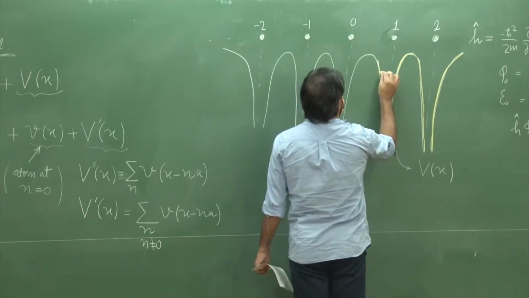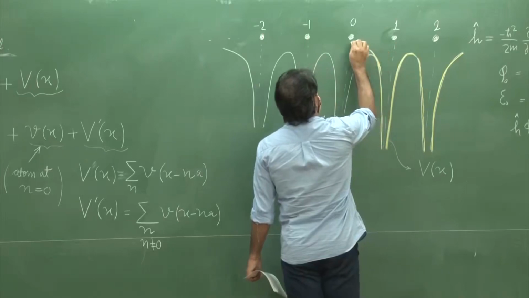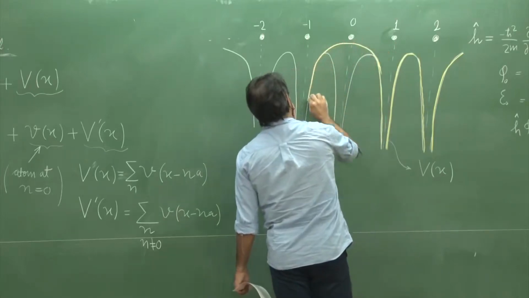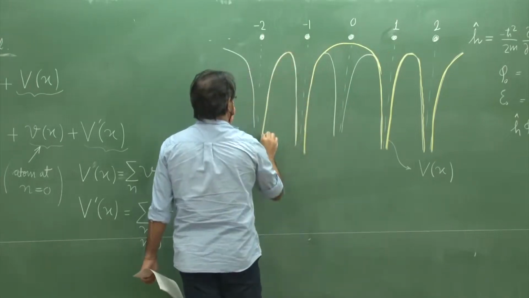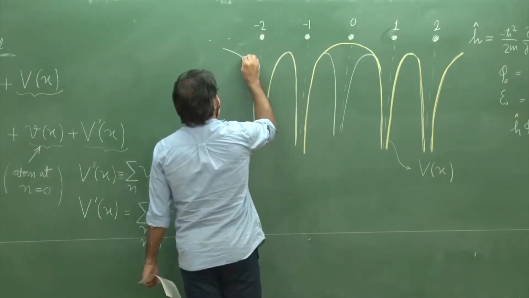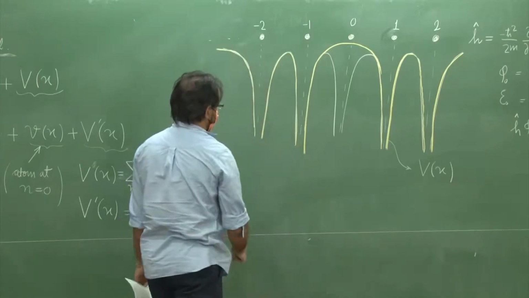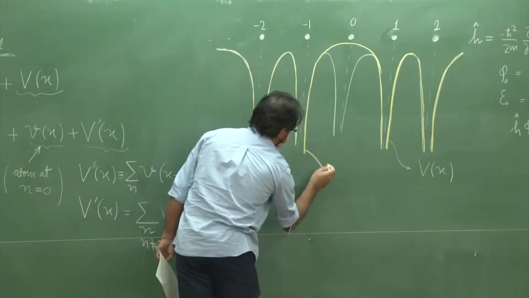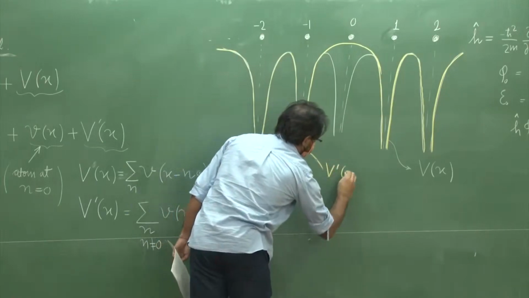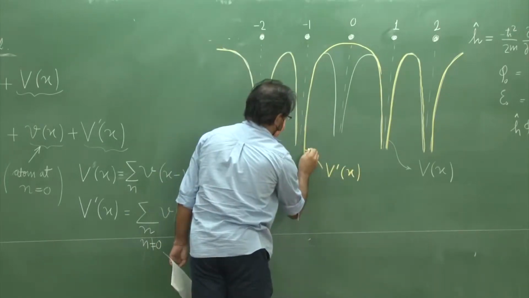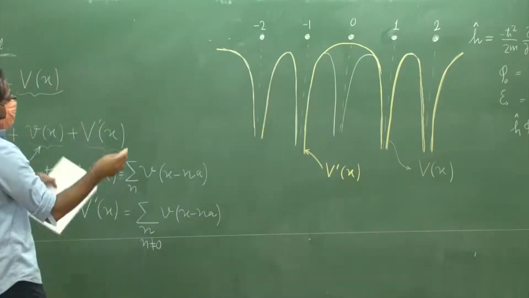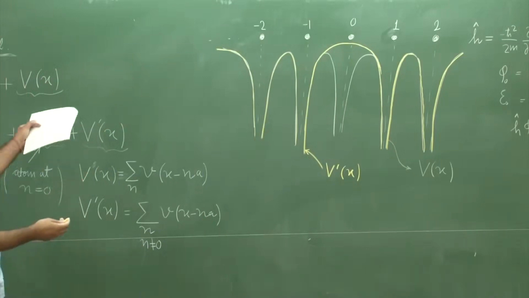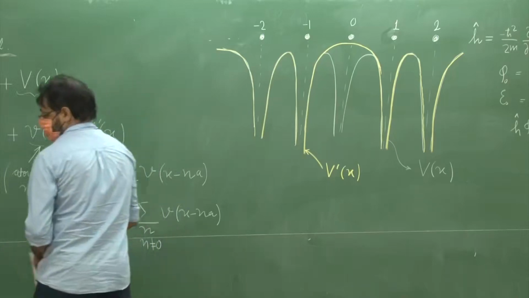Except here, where it will become like this. So what I have drawn in yellow is V prime x. This is V of x. Just uprooted, let's say, one atom, then this is how the potential will look.